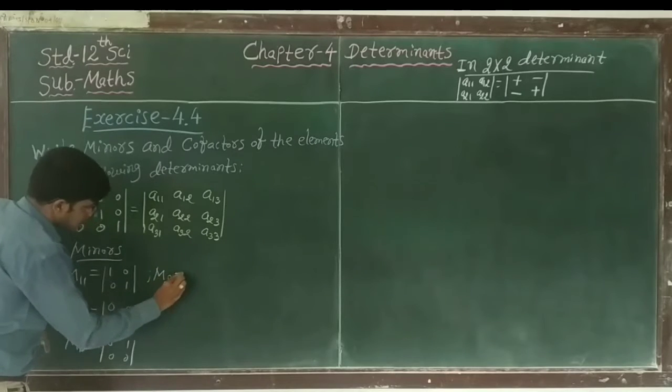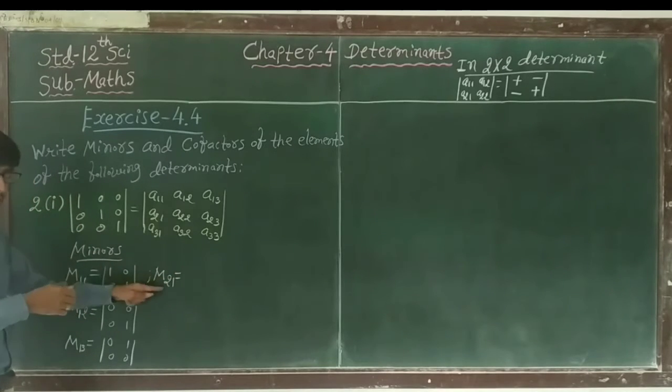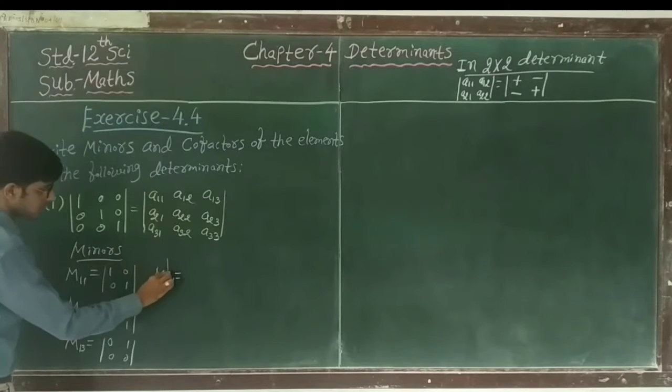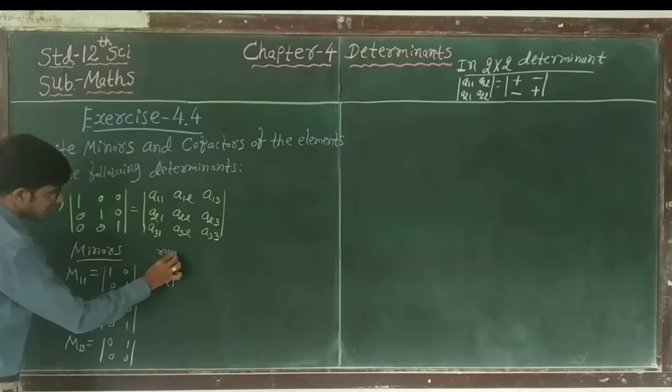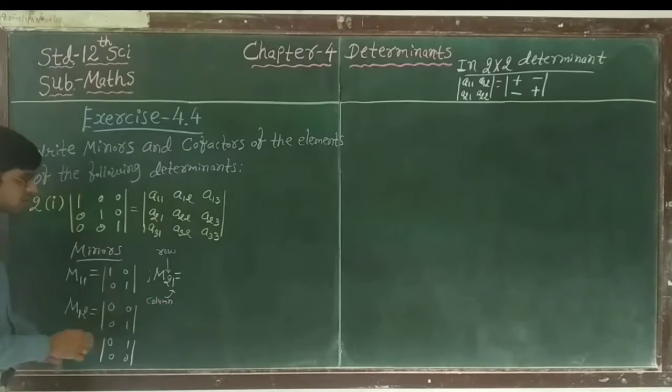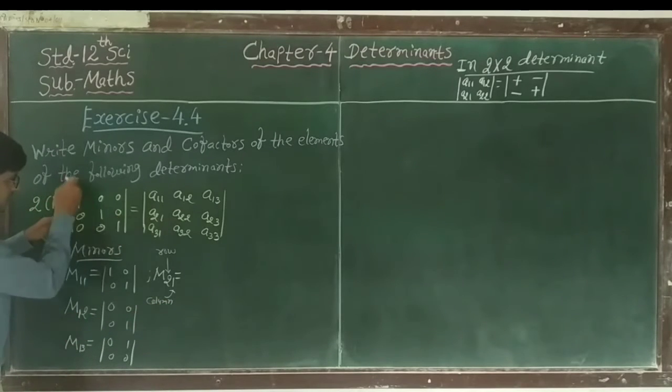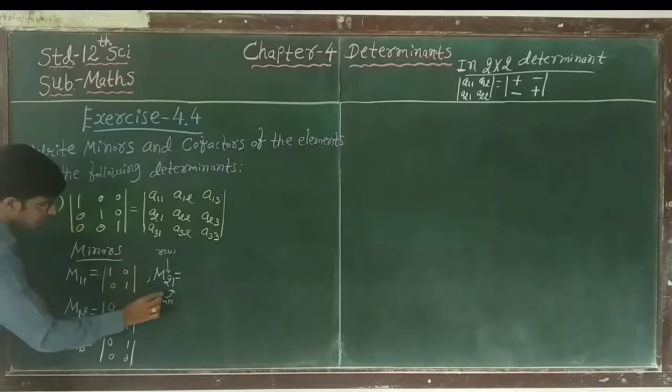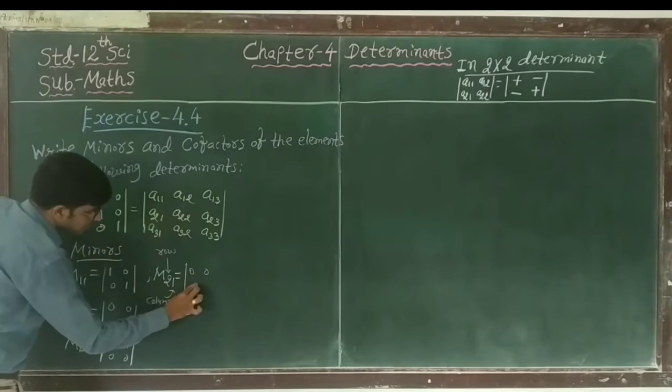Next, M21. M21 means we remove second row, first column. The first index gives the row and the second gives the column. So it gives 0 0 0 1.